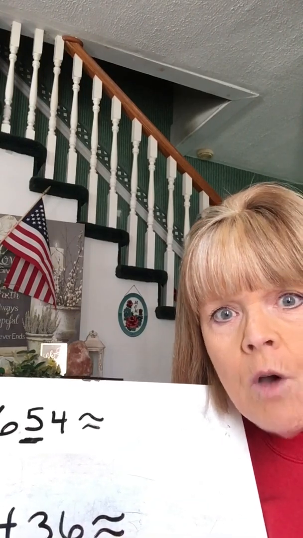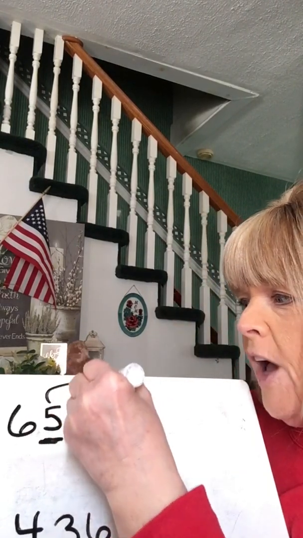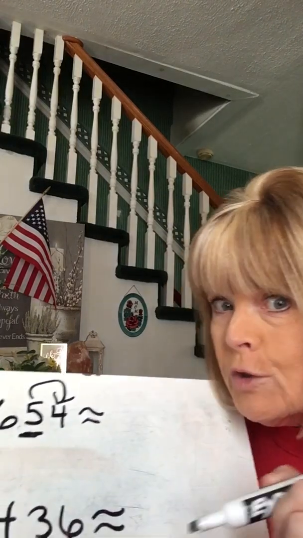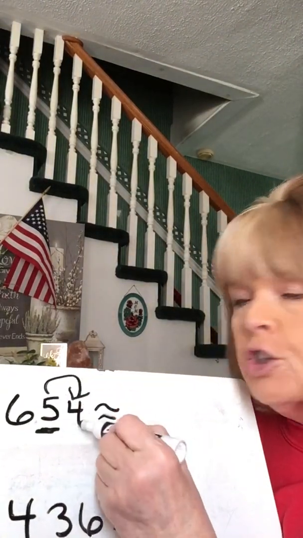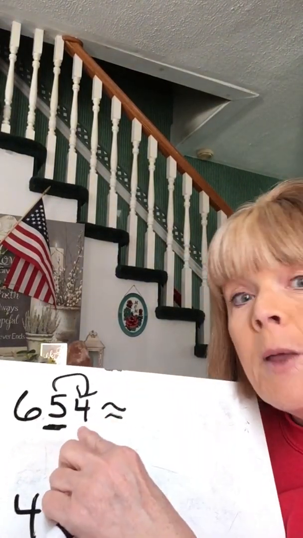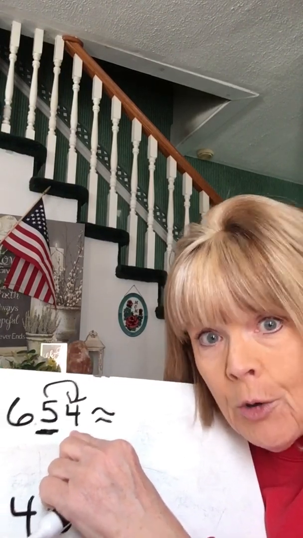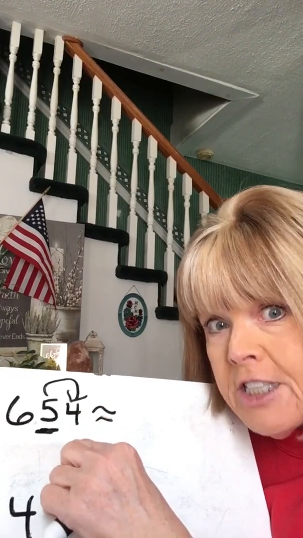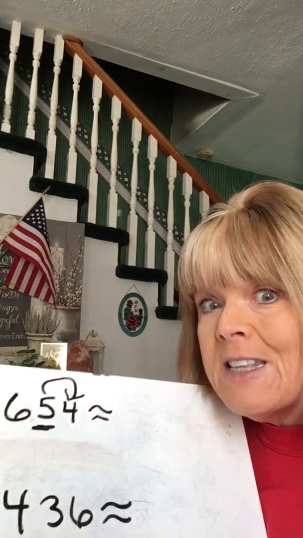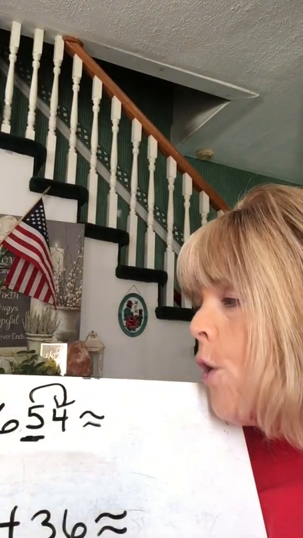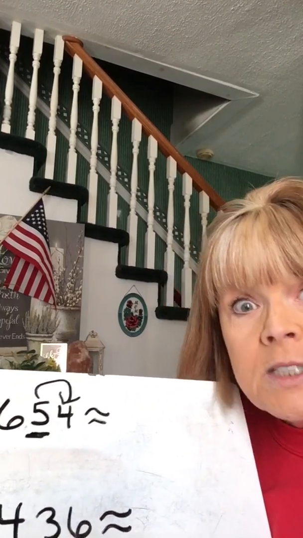Well, how do you know? Well, you look to the digit to the right. So you draw your little arrow because you're going to look to the digit to the right. So see that digit right there, that 4? He's the judge. He's the one that determines. He tells whether that 5 is going to stay the same, like stay a 5, or if he's going to go up 1, like go up to a 6.